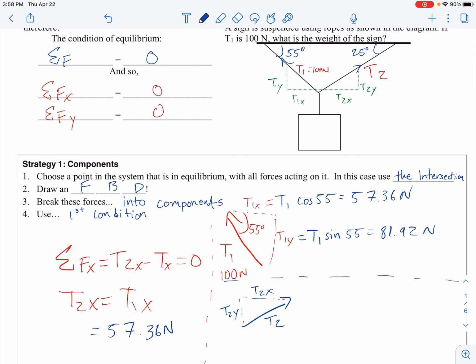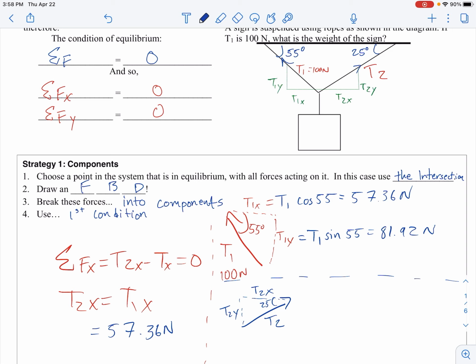In this case, for T2y, we have our angle here, 25. We found T2x.